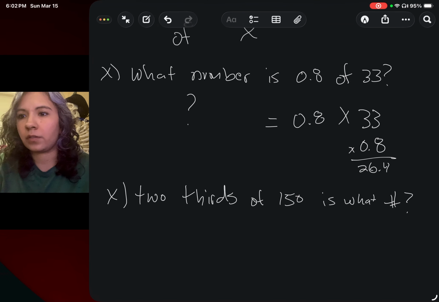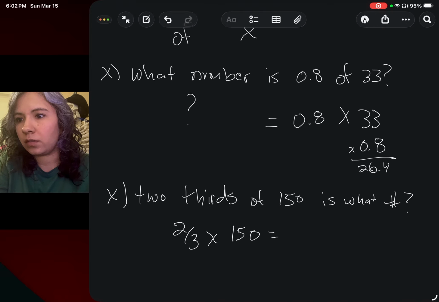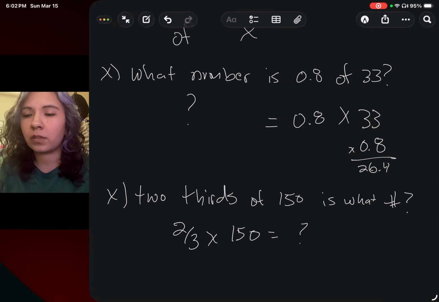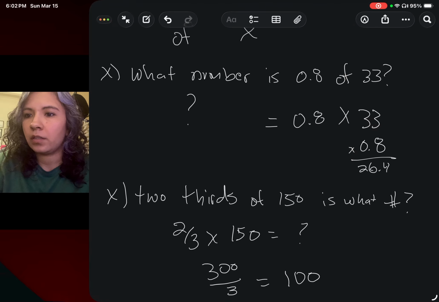Okay, so 2/3, right? Our "of" is multiplied, 150, "is," and we're looking for that. So 150 times 2 is 300, divided by 3 is 100.